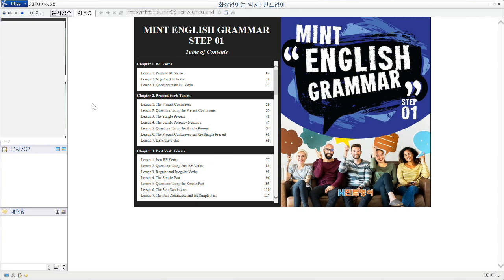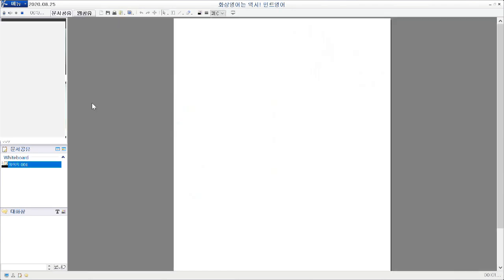Lesson 7. The past continuous and the simple past. Is it from the beginner book? Hold on, because chapter 7 here is different. Modals.